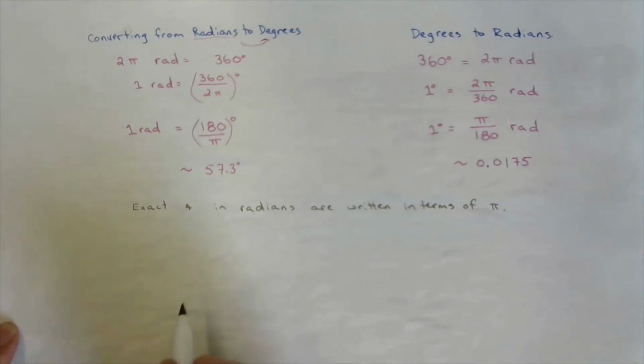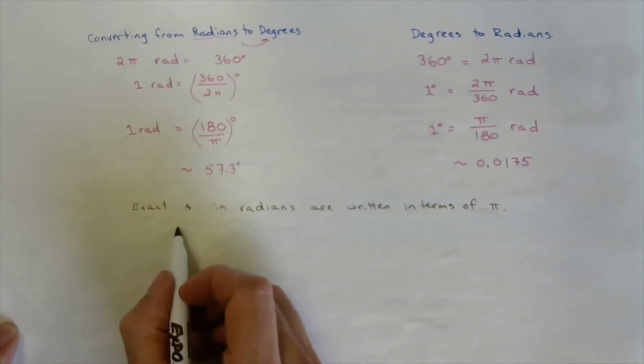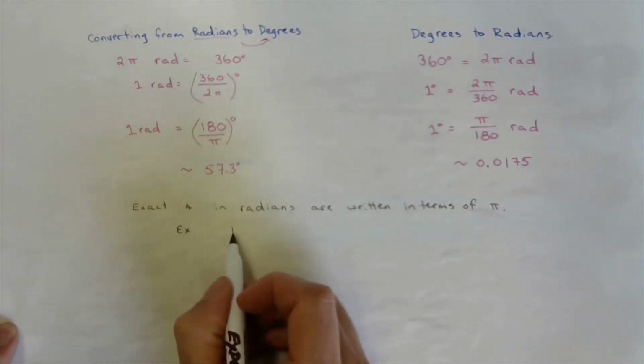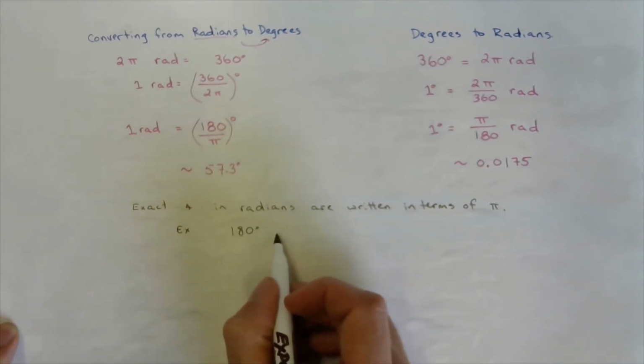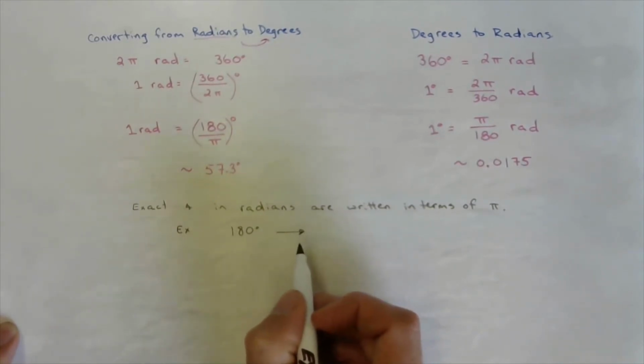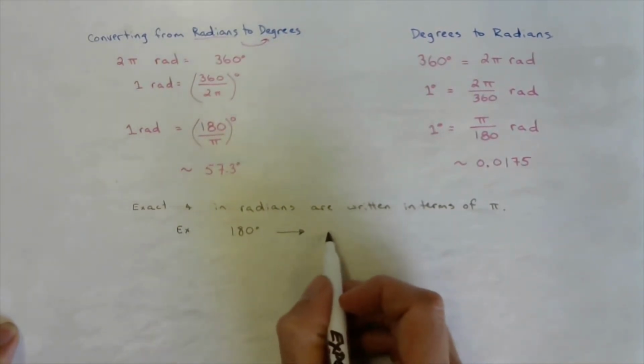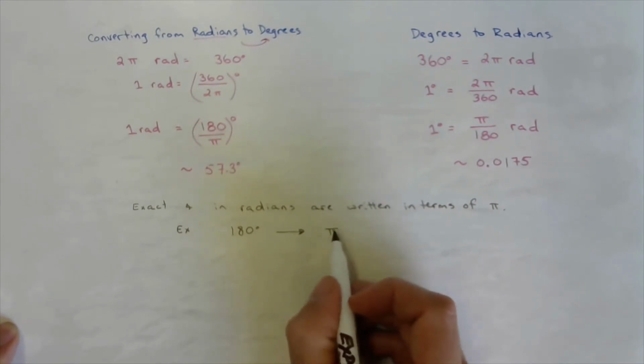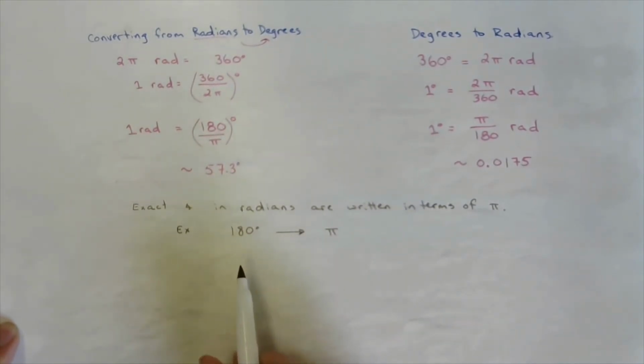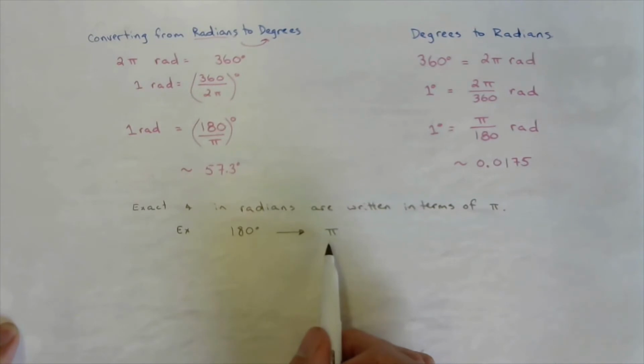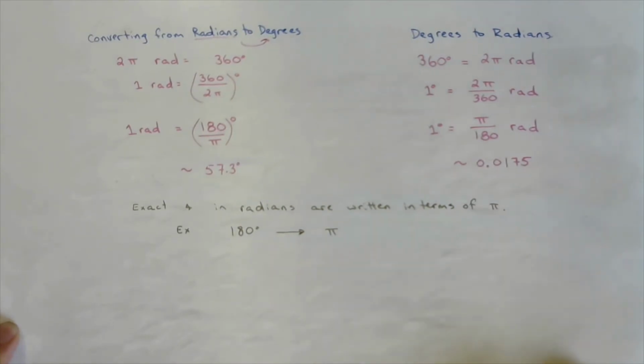And for example, a straight line of 180 degrees is referred to as simply pi. Okay? All the way around the circle is 2 pi, so halfway around the circle must be 1 pi. Let's do a couple of examples here.